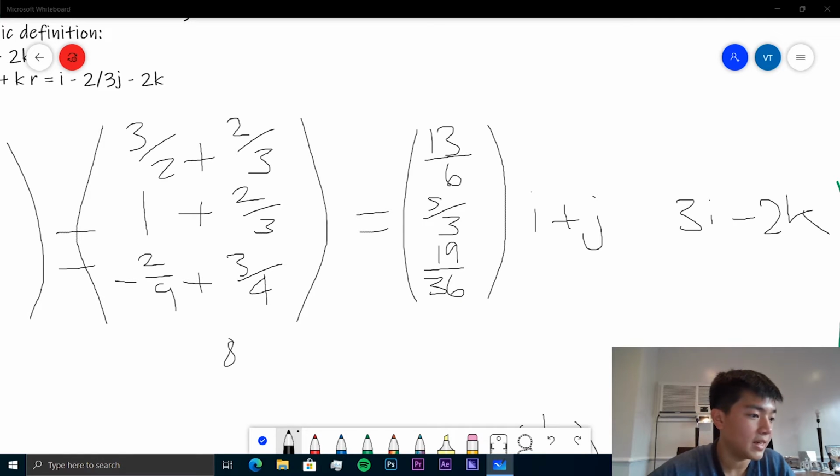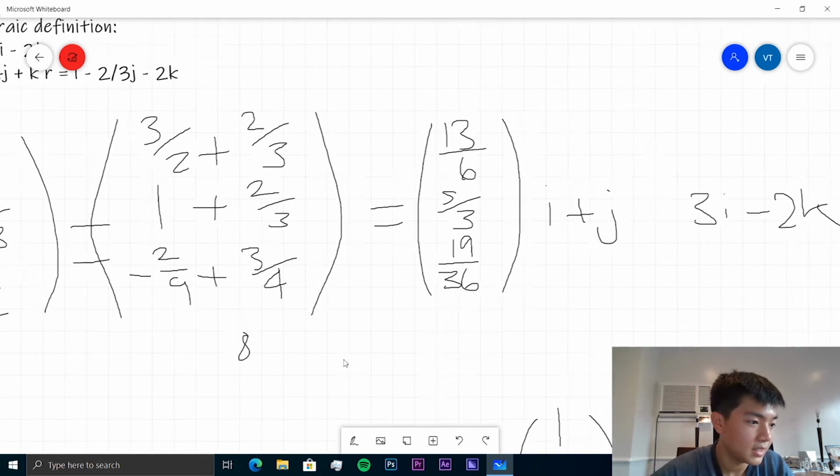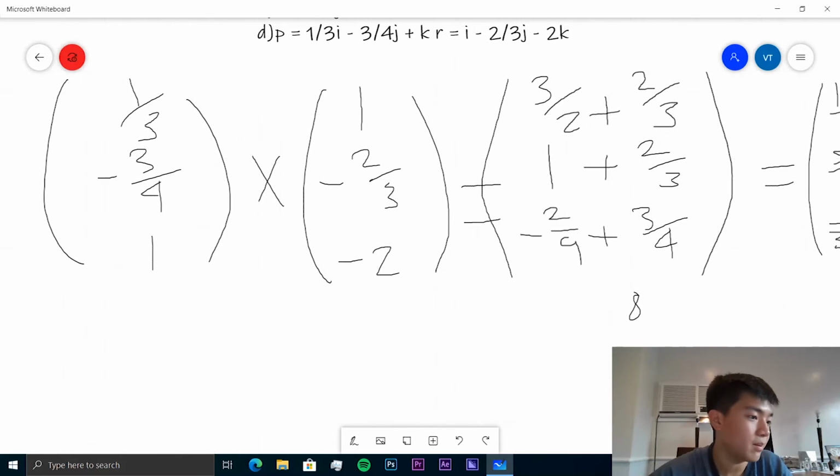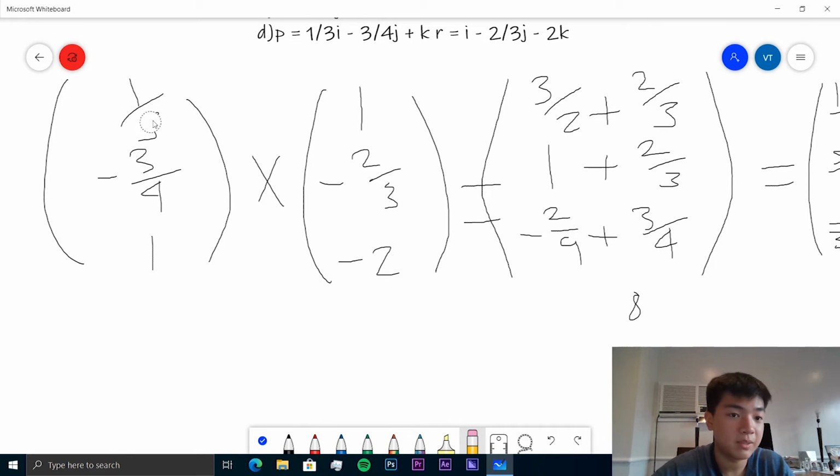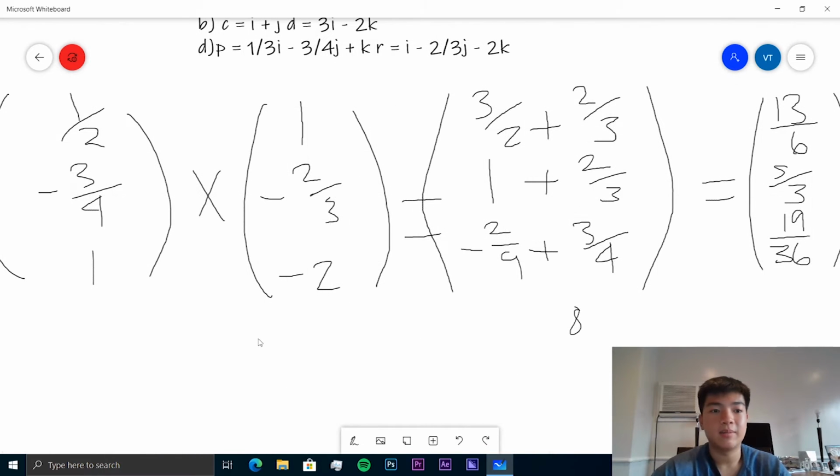So I got that as my answer. Ooh, it's a bit different to what we have here. Maybe I copied down one of the vectors wrong. I think I did copy down one of the vectors, one of the answers. Ah, sorry, I put 1/3, but it was supposed to be 1/2. Sorry about that.